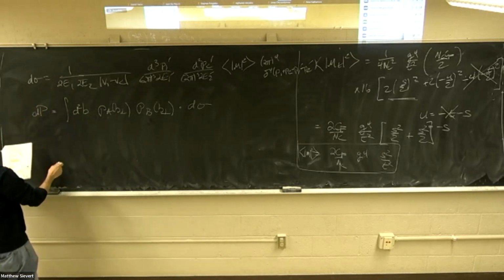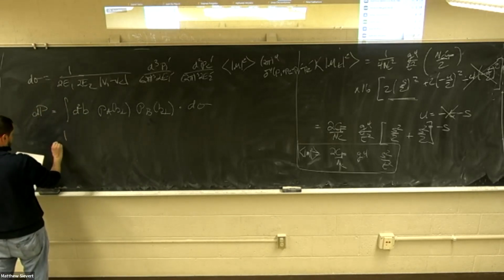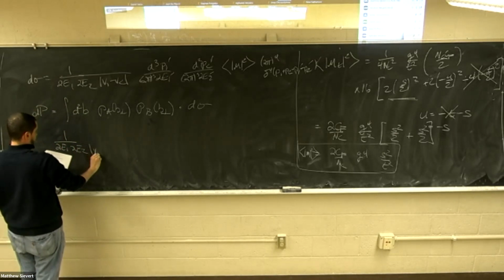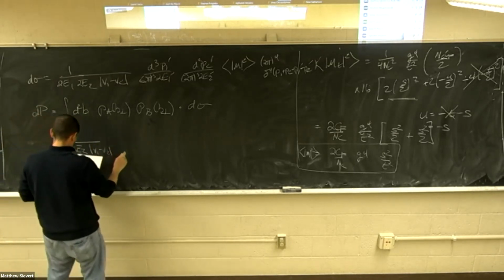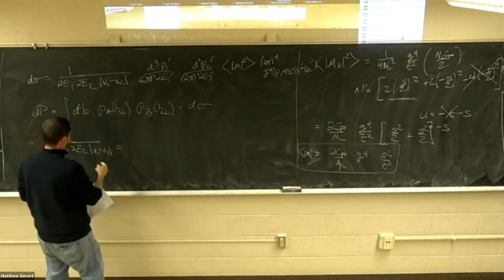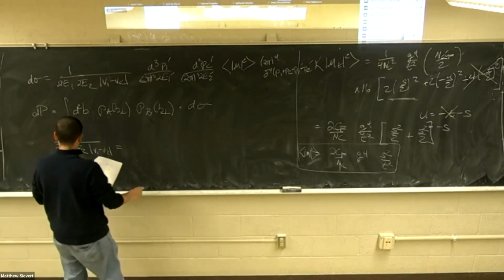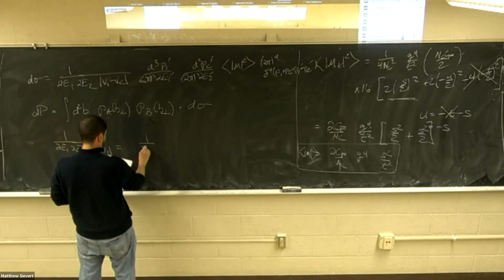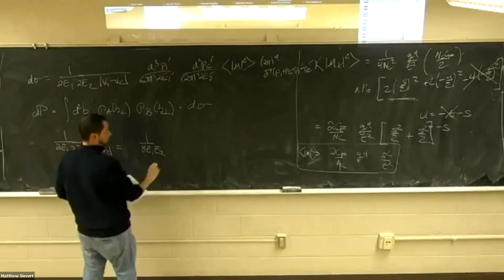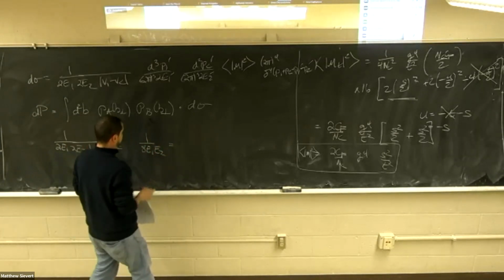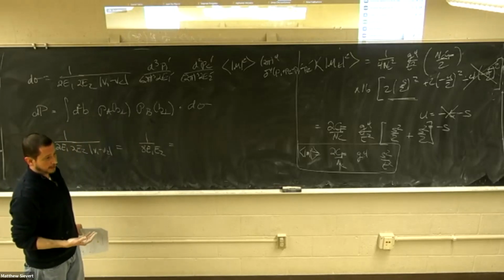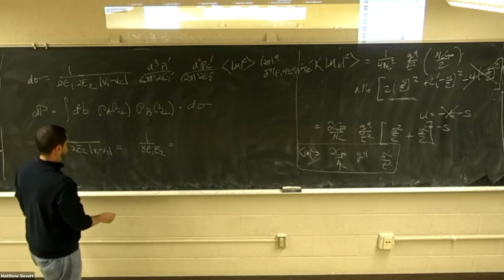For our purposes, the prefactor is pretty simple. 1 over 2 E1, 2 E2, relative velocity. The relative velocity in this frame is 2. Everything is coming at each other at the speed of light. So this is 1 over 8 E1 E2. I can easily convert those into the light front coordinates.